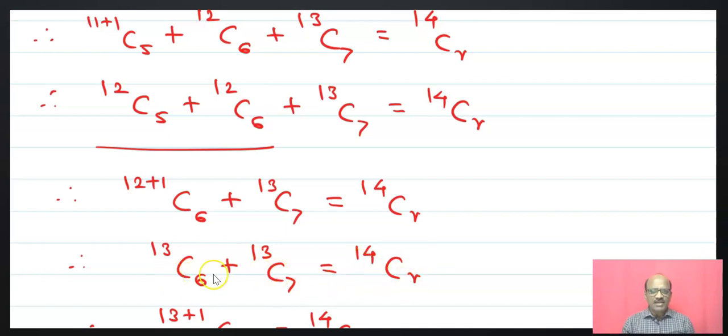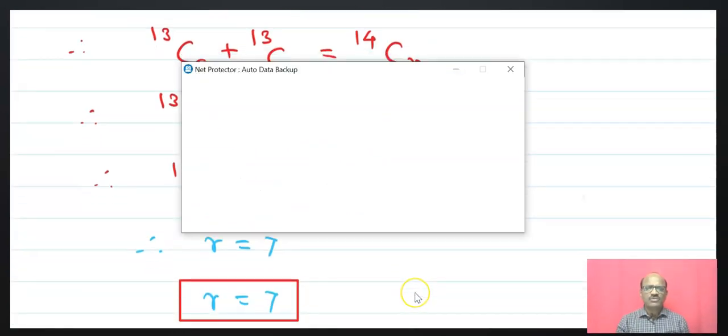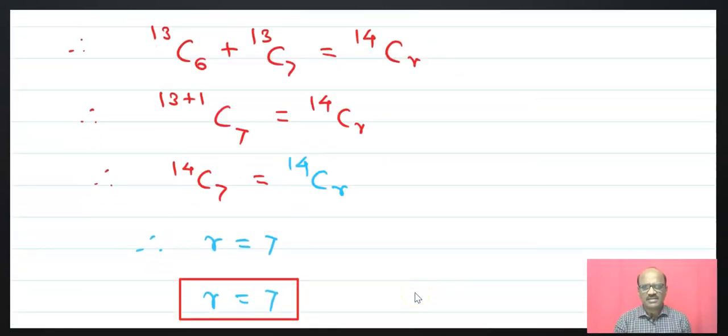Now again we apply the formula: 13C6 plus 13C7 is nothing but 13 plus 1 C7, which is equal to 14CR, and by comparing this you will get the value of R. Only the use of the formula is there. It's a very simple one.